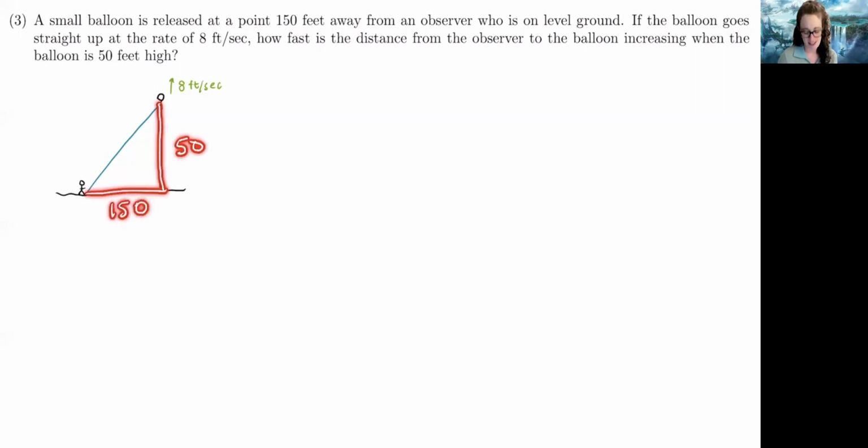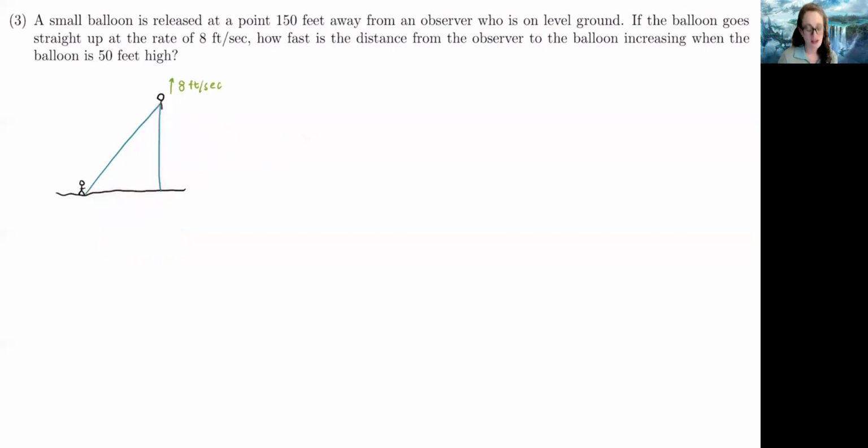Now these are different because the 150 feet, this is not changing, right? The person isn't moving from where they are, and the balloon is released and going straight up. It's not moving towards the person or away from the person. That would actually add a layer of complication to this that we're just not going to worry about. However, the 50 here, this is changing.